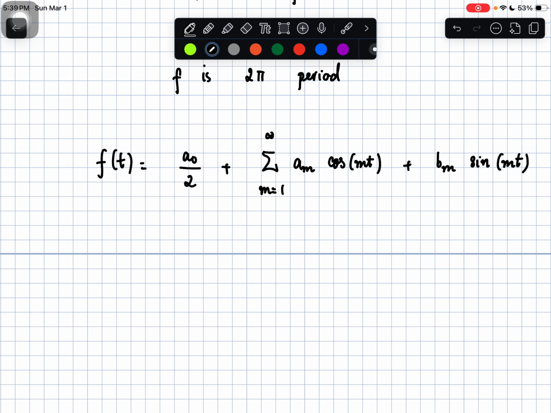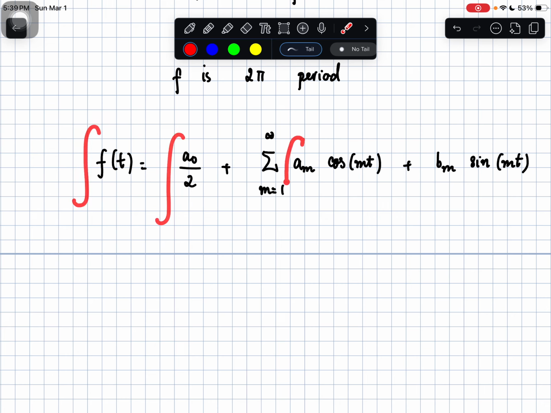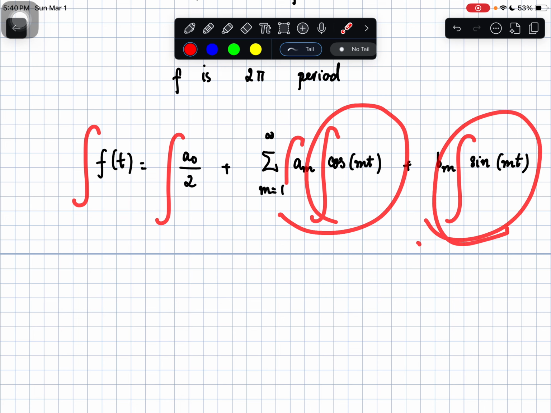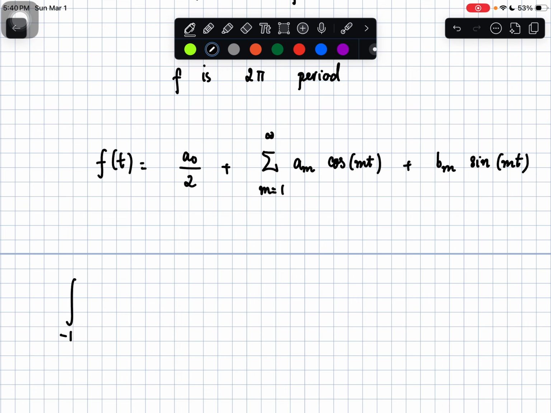To compute a0, you integrate both sides of this equation, and you do it term by term. All of these terms will give us 0, except this one, which is non-zero. So we have the integral from minus pi to pi of f(t) dt equals a0 over 2 times the integral from minus pi to pi of dt.